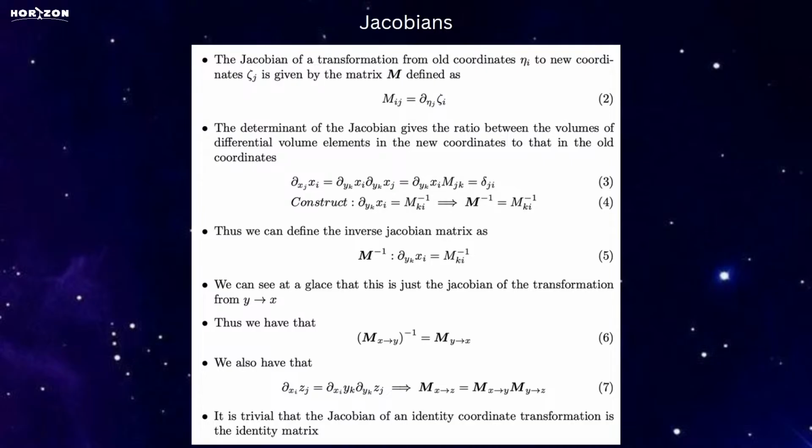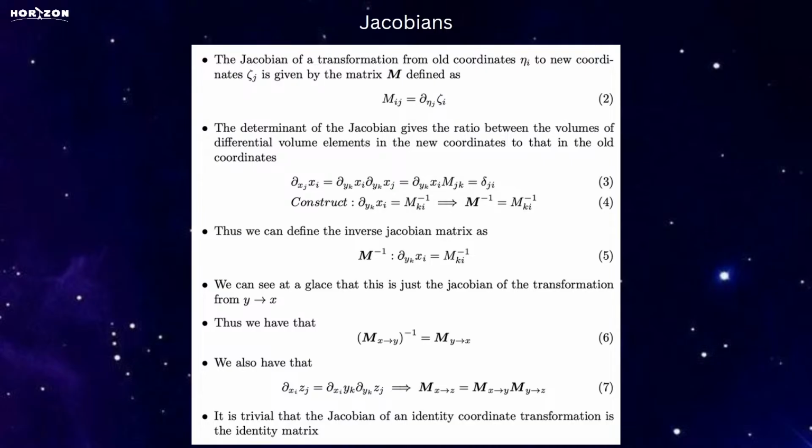Also, the determinant of the Jacobian gives the ratio between the differential volumes of the new coordinates and the old coordinates. So it tells how the differential volumes change when we do a coordinate transformation. We also define something called an inverse Jacobian matrix. This does the reverse mapping of what the Jacobian matrix does.